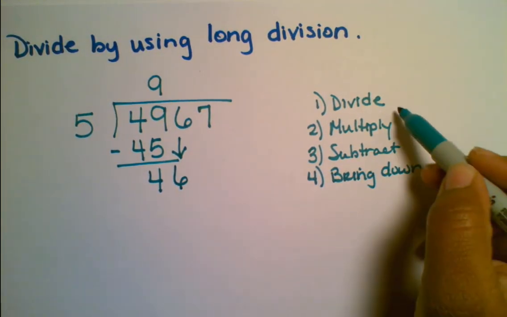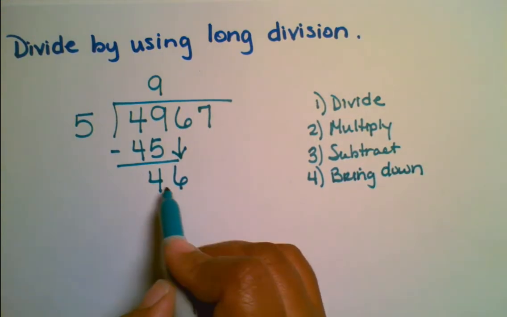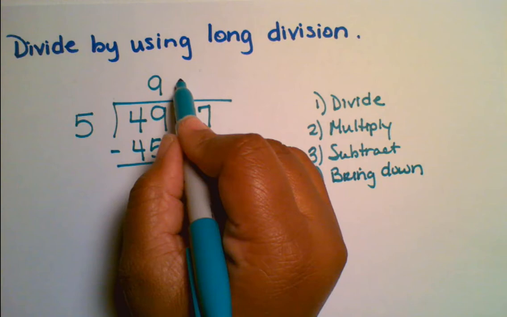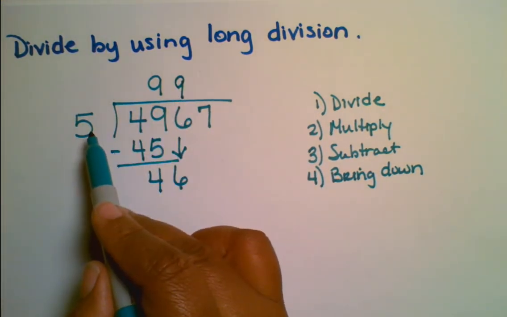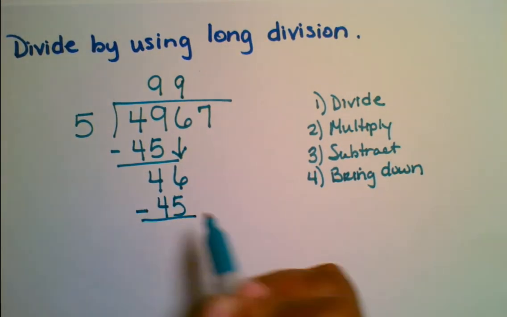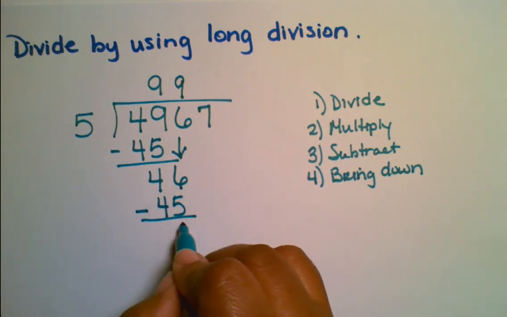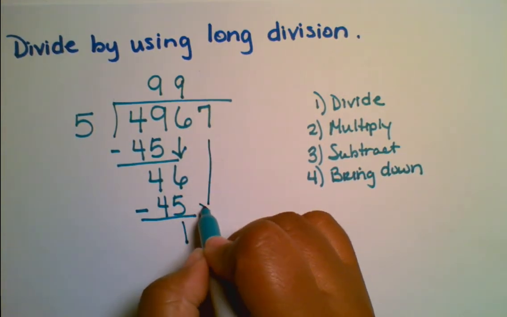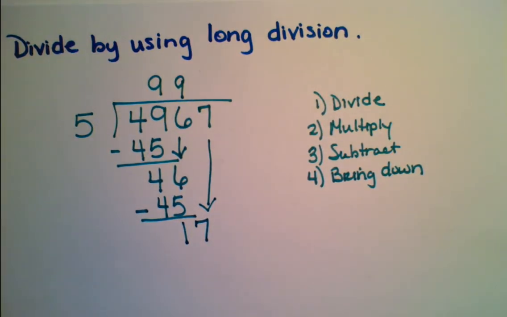And then we start this process over again, where 5 divides into 46 9 times. 9 times 5 is 45. We subtract, and we have 46 minus 45, which is 1. And then we would bring down the 7 and start the process over again.